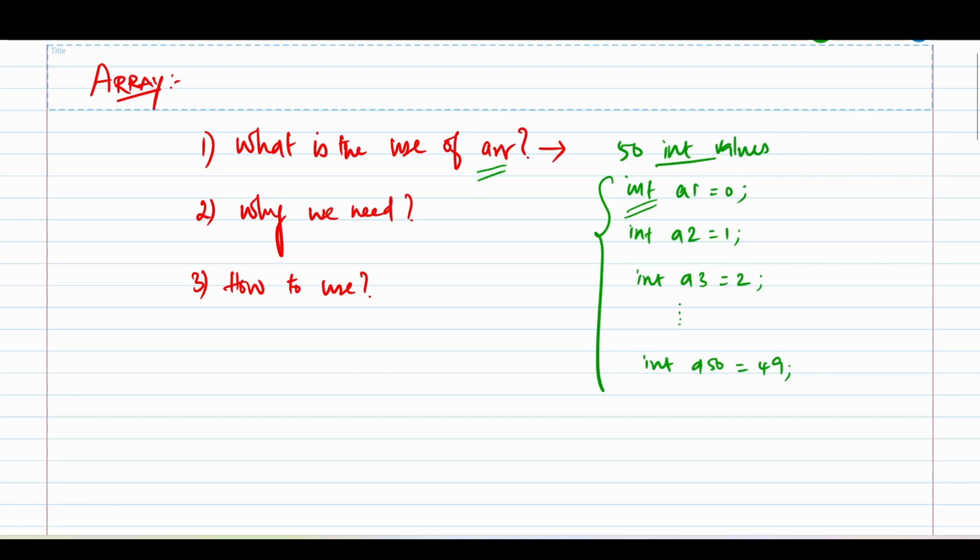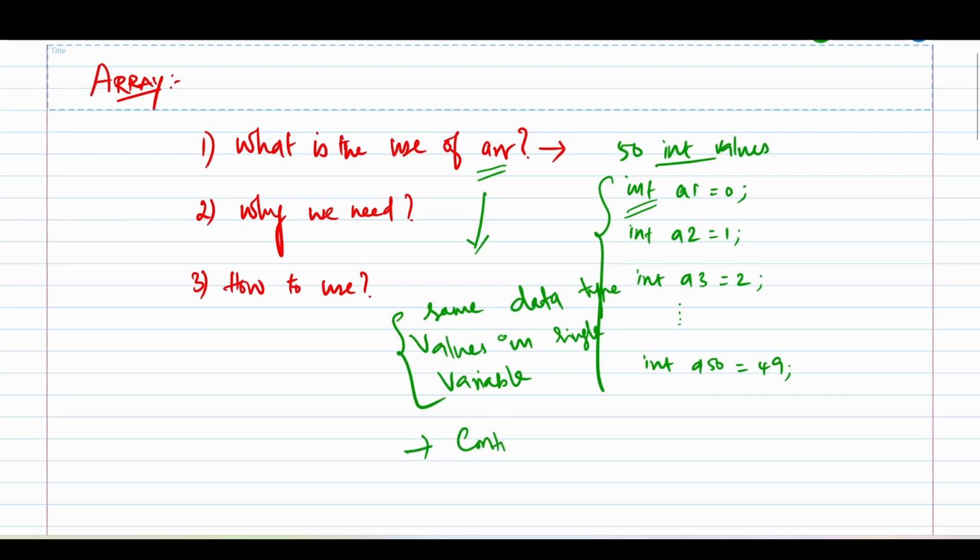So what is the real use of array? It's going to hold same data type values in a single variable. And another good thing is we will get continuous memory.